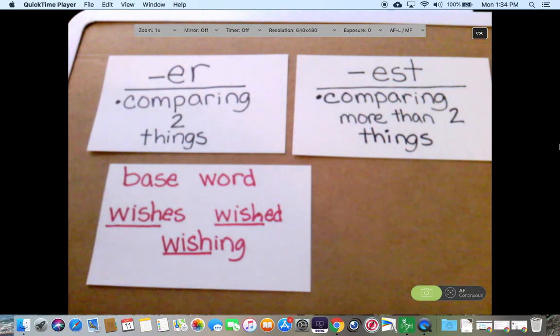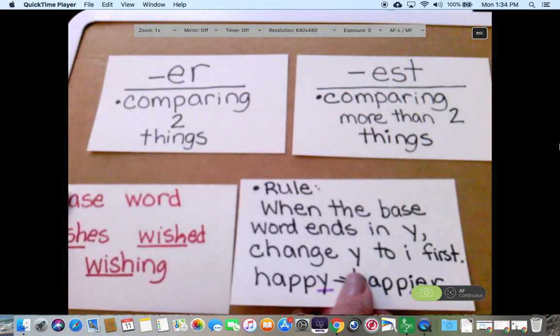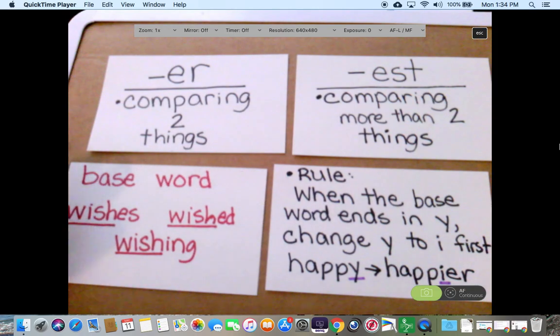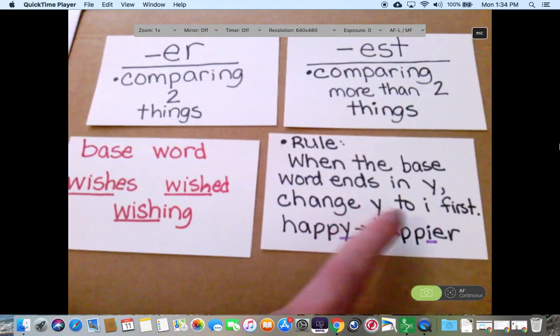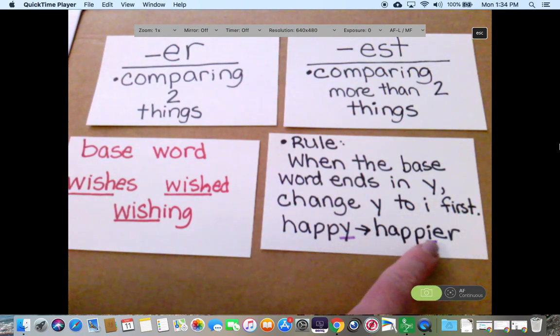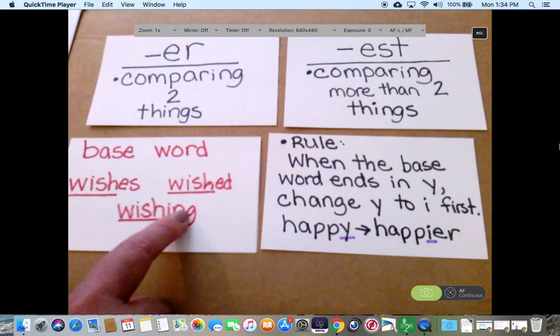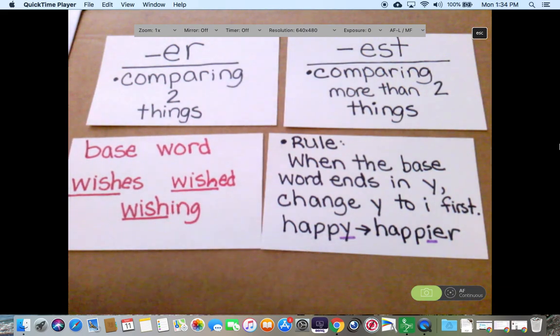Well, the rule for adding endings is that when the base word ends in Y, you need to change the Y to I first, and then you add that ending. The example I have for you here is a word you're familiar with, happy.